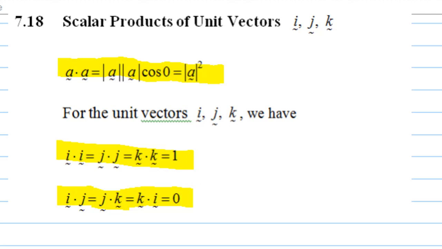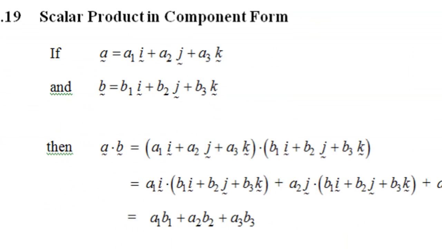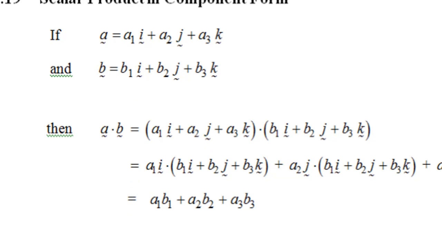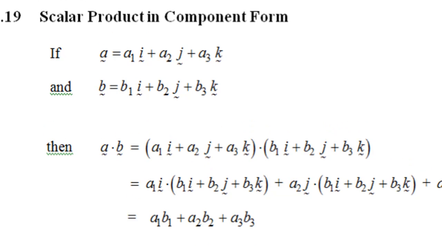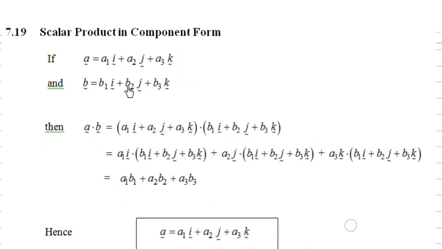Now how do we use it for vectors in terms of i, j, k? If A equals A1 i plus A2 j plus A3 k, and B equals B1 i plus B2 j plus B3 k, then when we do a dot product, we can use the distributive law.